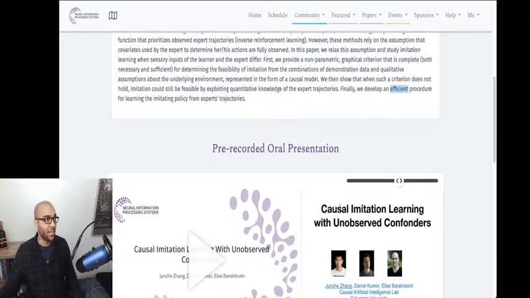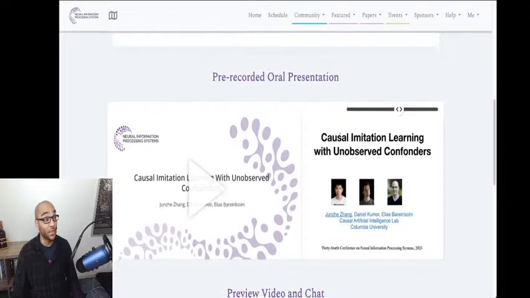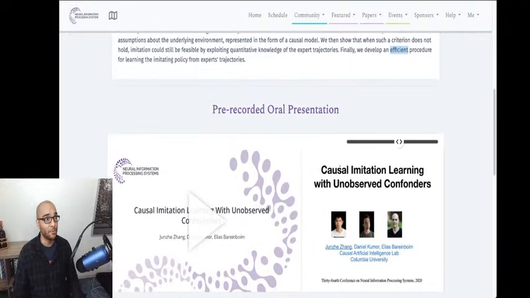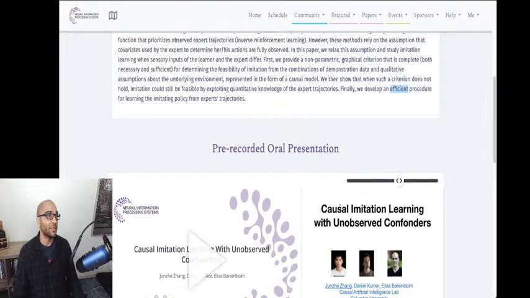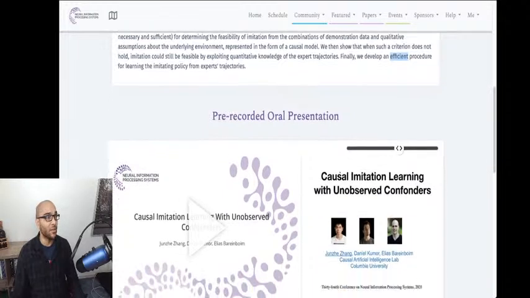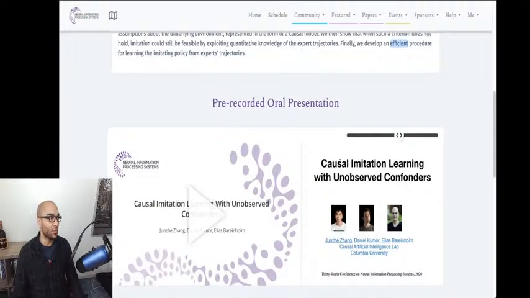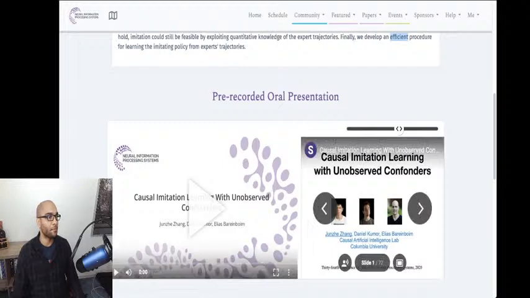But I guess what we're saying here is that if the learner and the expert observe different things, and assuming some kind of causal model representation of the environment, then efficiency doesn't come into play because those traditional procedures won't even work. Let's see.